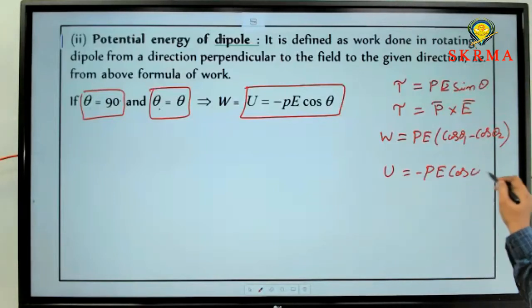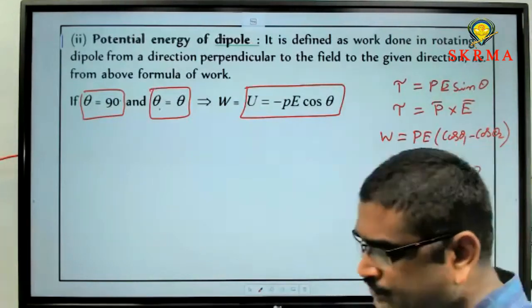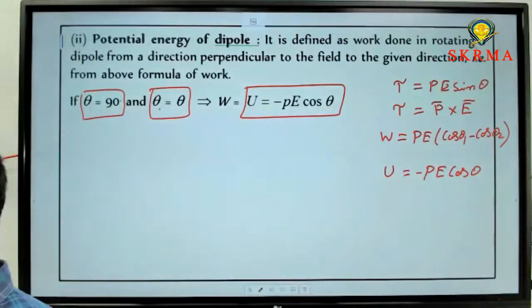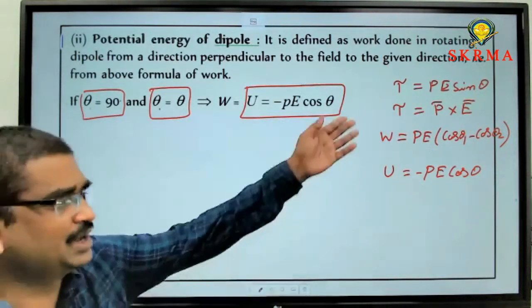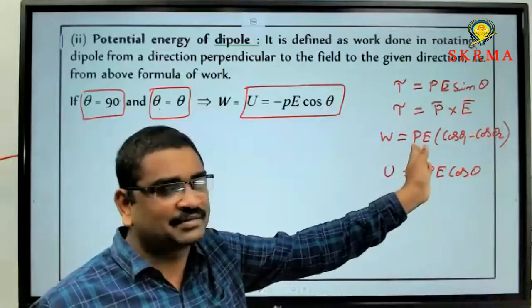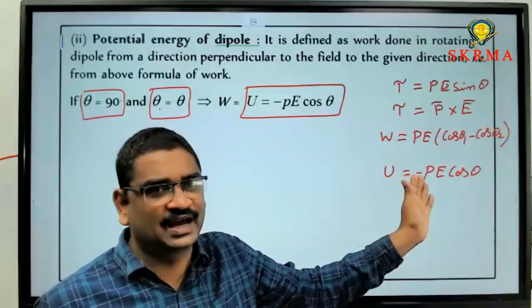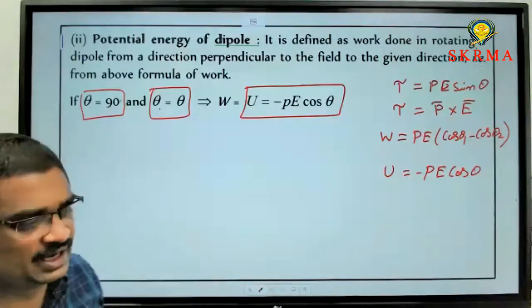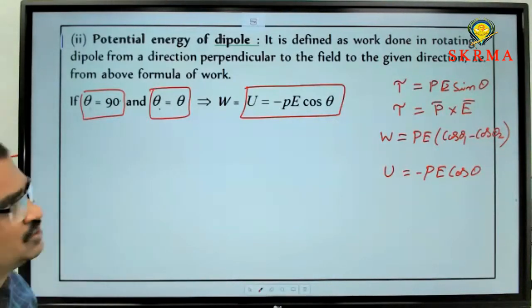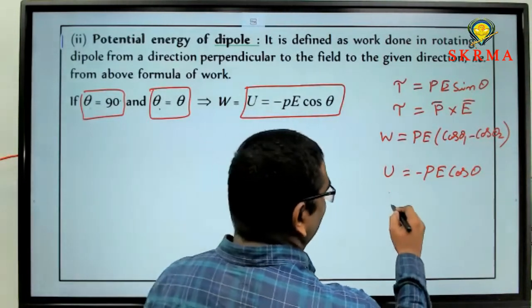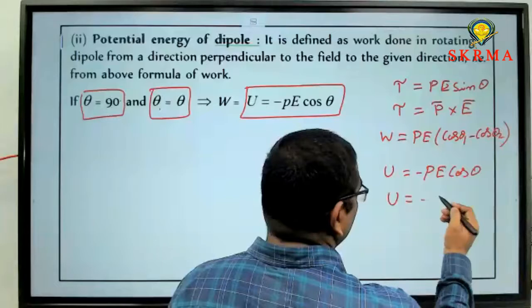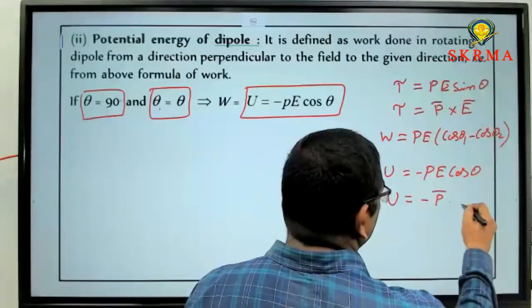These are the formulas for torque, work done and potential energy that we discussed. Or we can write this one as minus PE cos theta, as minus P bar dot E bar.